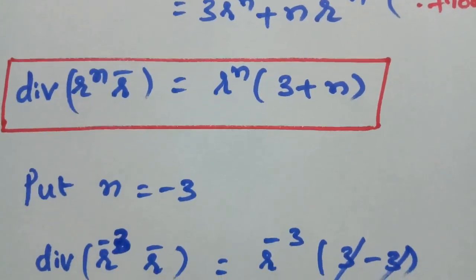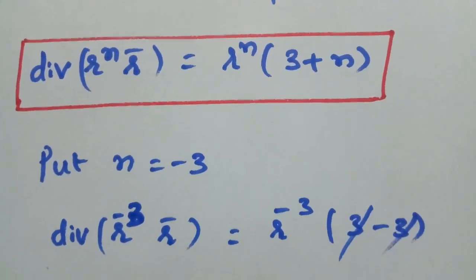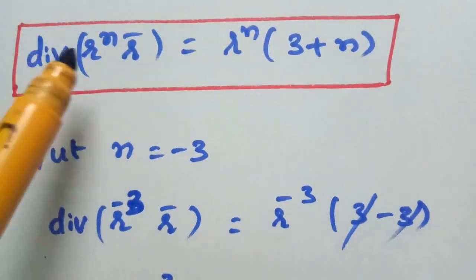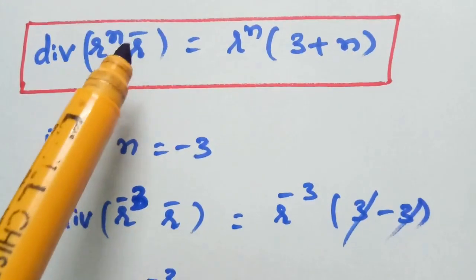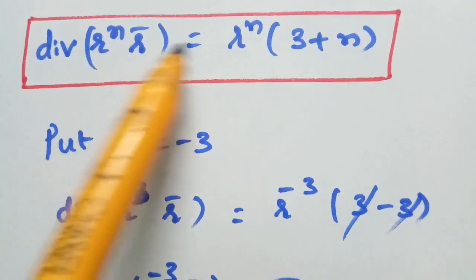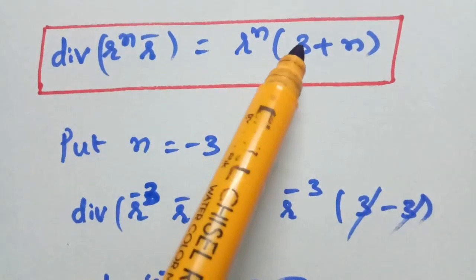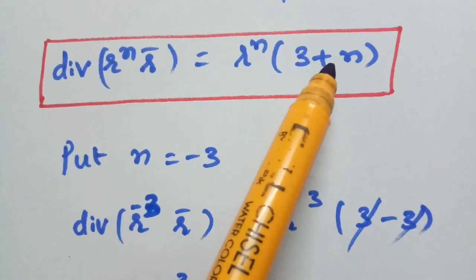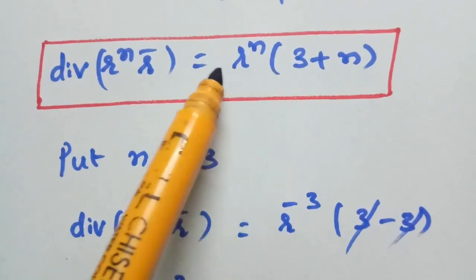So in the given problem, we are having divergence of r bar by r. That means if you take n is equal to minus 1, this becomes divergence of r bar by r, that is equal to r to the power of minus 1 into 3 minus 1, that is 2 into r power minus 1, that is 1 by r, that means 2 by r.